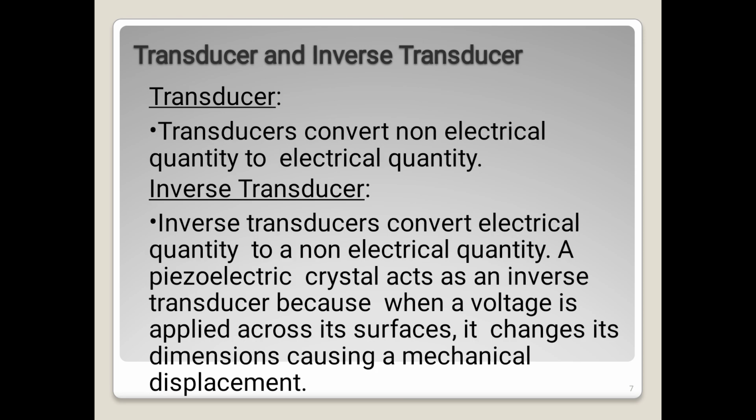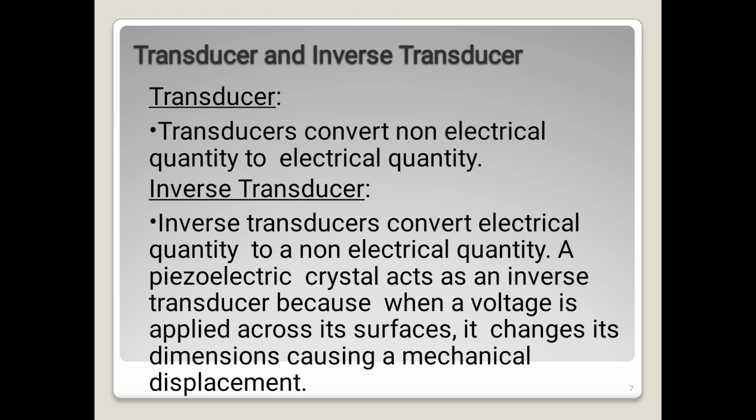Due to surface variation in the crystal, some electric voltage is produced in it. The inverse can also happen: when we apply a voltage, a displacement or some dimensional change may occur in the piezoelectric crystal, and that is also measurable. It is one such type of inverse transducer.